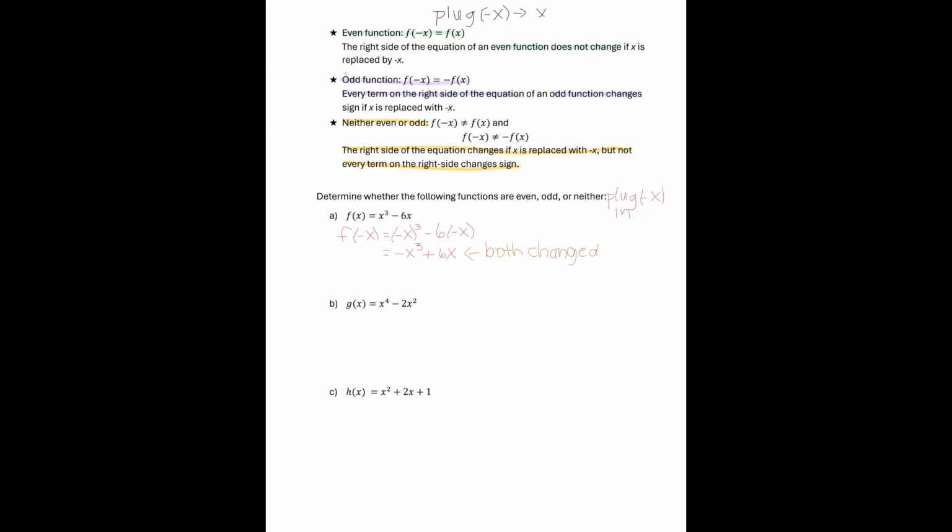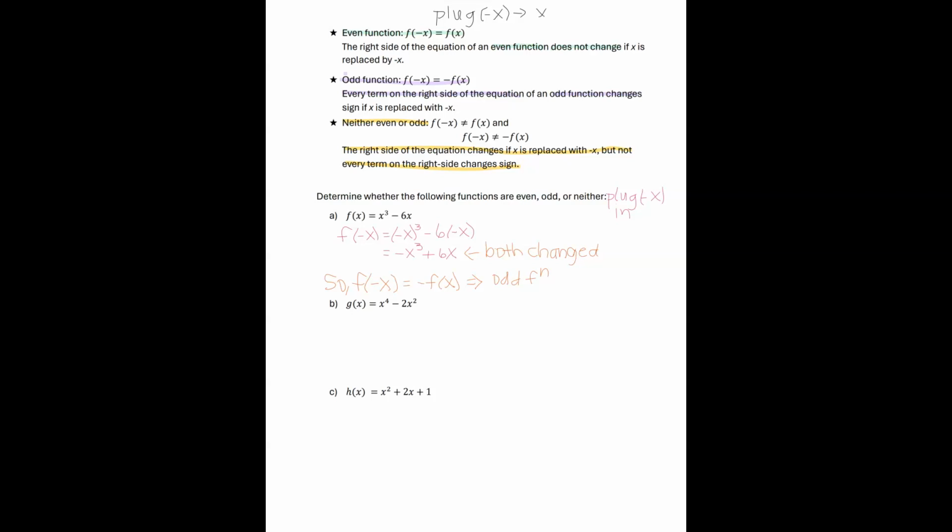So since both changed, we know f of negative x equaled negative f of x, right? So it was just like we multiplied that guy by a negative. So that implies, remember this means implies, that it's an odd function.